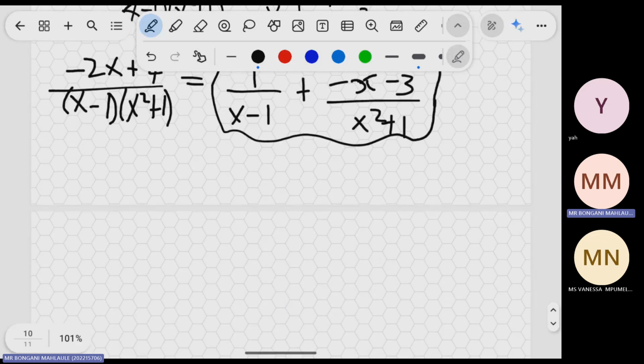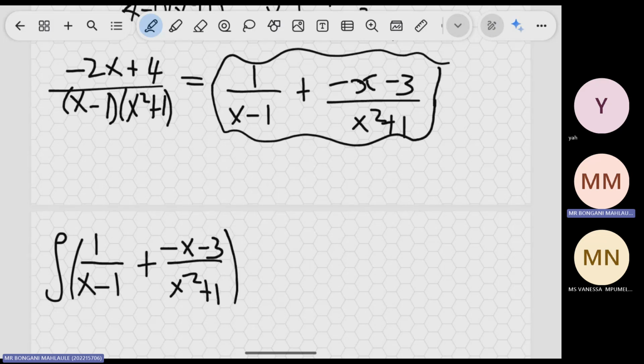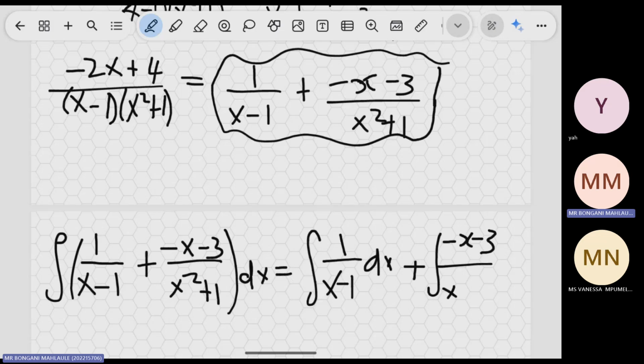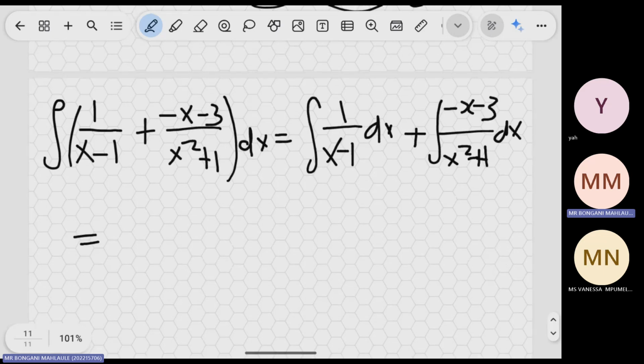So now I'm going to have the integral of 1 over x minus 1 dx plus negative x minus 3 over x squared plus 1 dx. We don't have to separate them. Let's first write it like that. Then this will be equivalent to, okay, I think this part might need us to use partial fractions again.